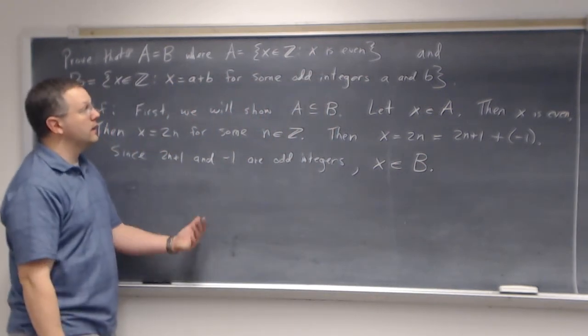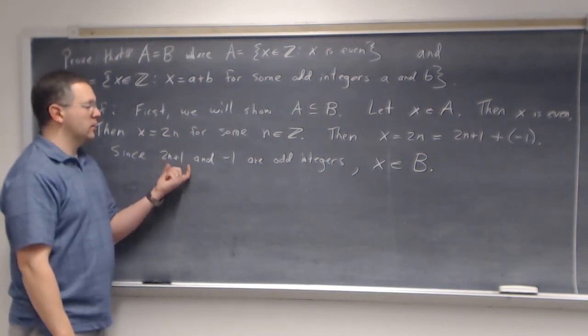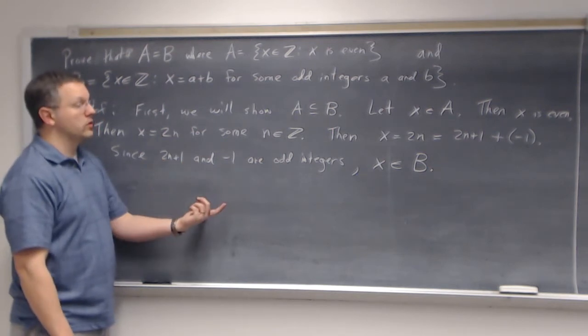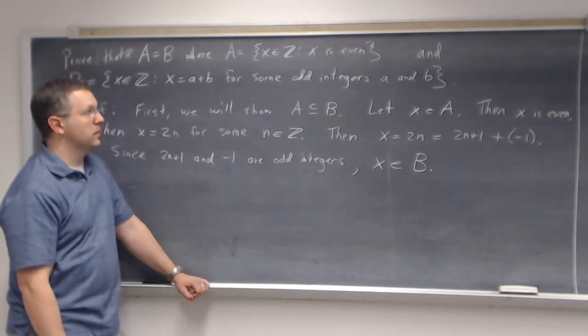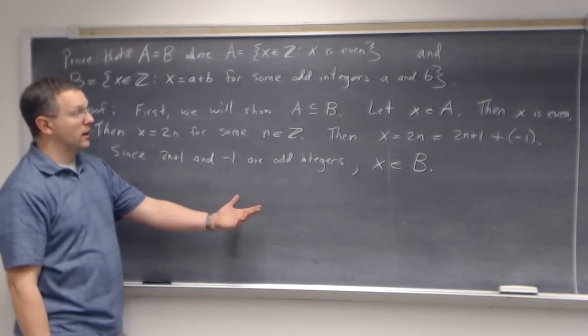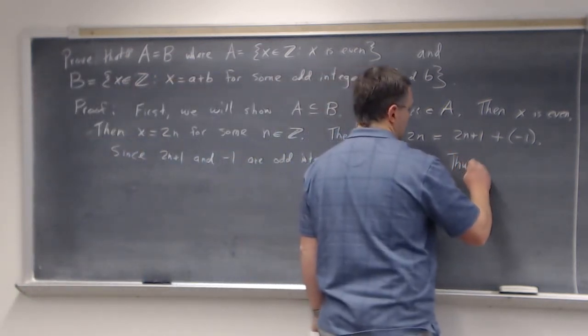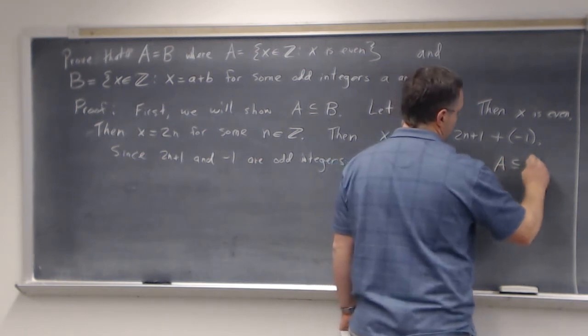I just need to show that x is the sum of two odd integers. 2n plus 1 is an odd integer, and negative 1 we know is an odd integer, so x is in B. All right. So therefore A is a subset of B. Thus A is a subset of B.